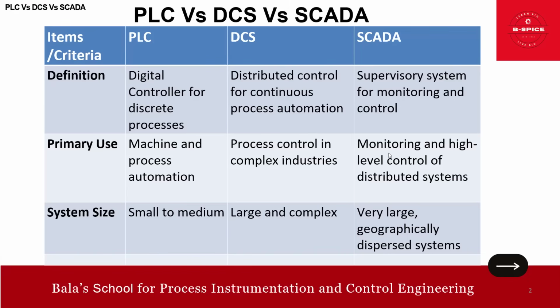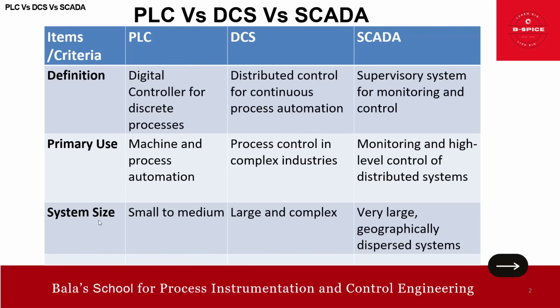And SCADA is used for monitoring and high-level control of distributed systems. This is geographically distributed at very large, very long distances. For example, the data will be transmitted to the control room from around 200 kilometers away. It's for very far distance applications.